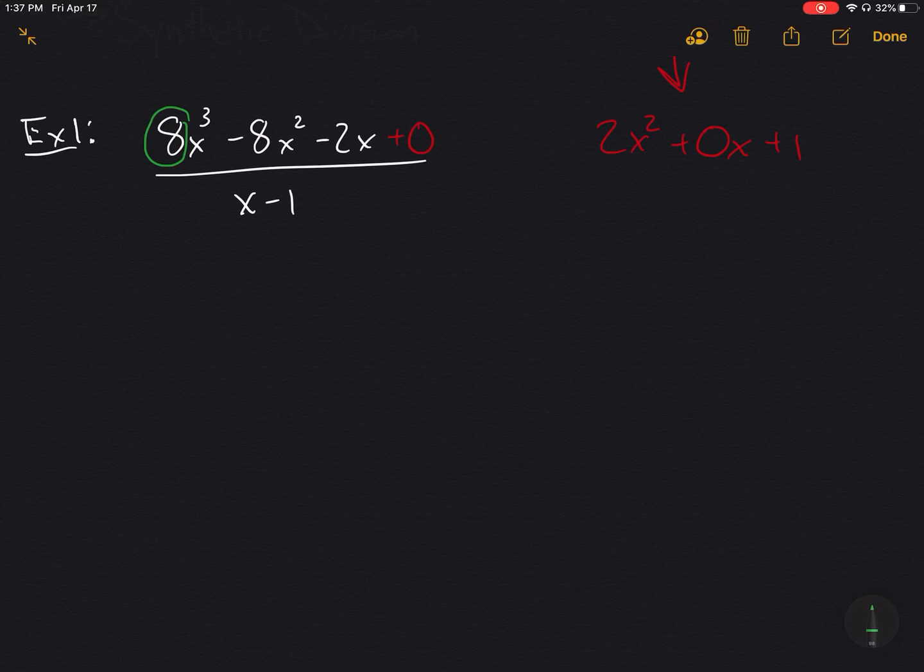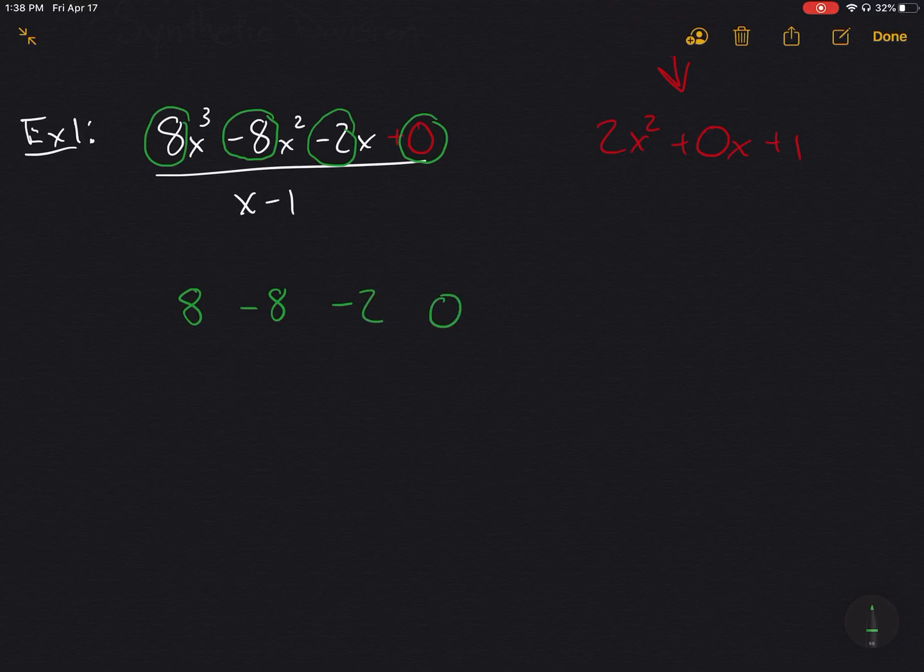The x squared I'm multiplying by negative 8. The x I'm multiplying by negative 2. And the constant term is in this case 0, but that is in fact still a coefficient. So I've got 4 terms, 4 coefficients, and now I want to write these out: 8, dropping the x's, negative 8, bringing the negatives along, negative 2, and 0.